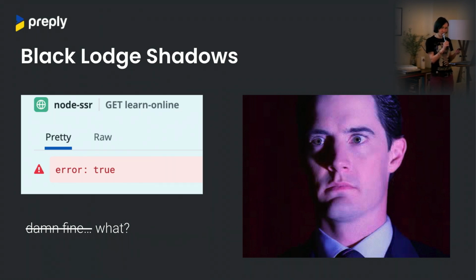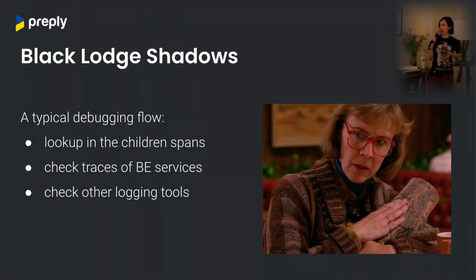So, okay, let's check. How did we typically debug problems on production when we lived with this not informative stuff? We could go through all the spans and try to find some span which comes from a backend service.